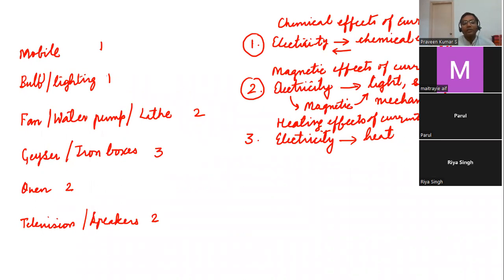So in today's session on electricity, we will be spending a lot of time on the magnetic and heating effects of electric current. The chemical effects you don't require much at this level, but I'll briefly touch upon that. So when we first started, I had defined that current is a form of energy.